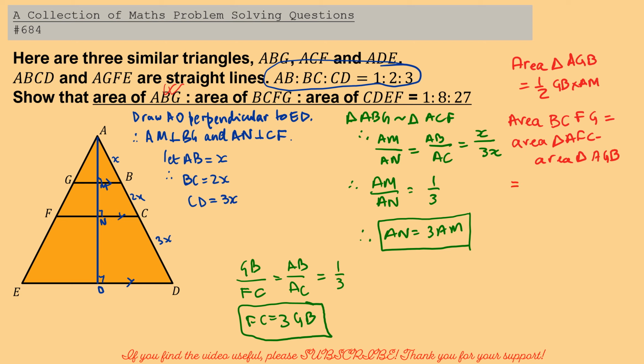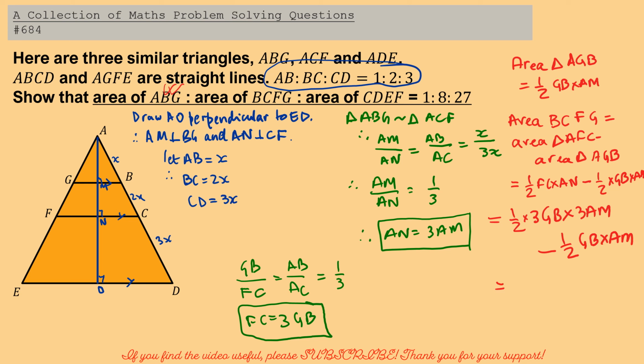So that would give me, AFC again is half times base times height, so half times base FC times the height AN, and minus AGB is half times GB times AM. Okay, so that is equal to half times, instead of FC I can write 3GB, times AN, I can write 3AM, minus half times GB times AM.